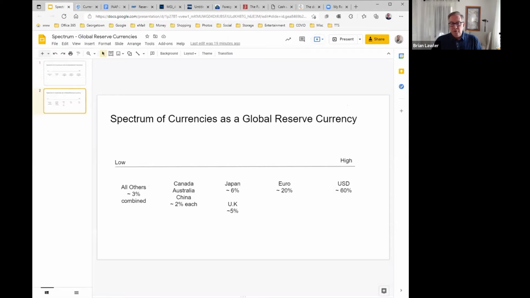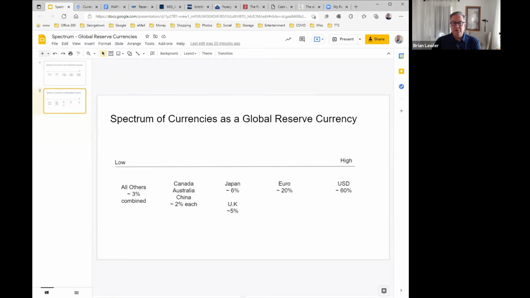As used for global reserve currencies, over 100 countries combined add up to about or slightly less than 3% of the global reserve currency market, as it were. The next tier is a few countries that have about 2% each of the global reserve currency market.